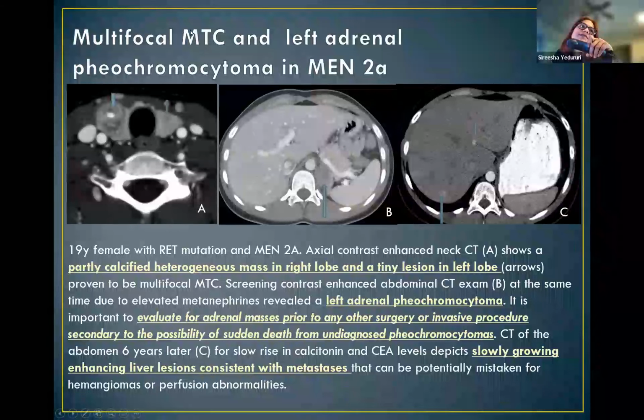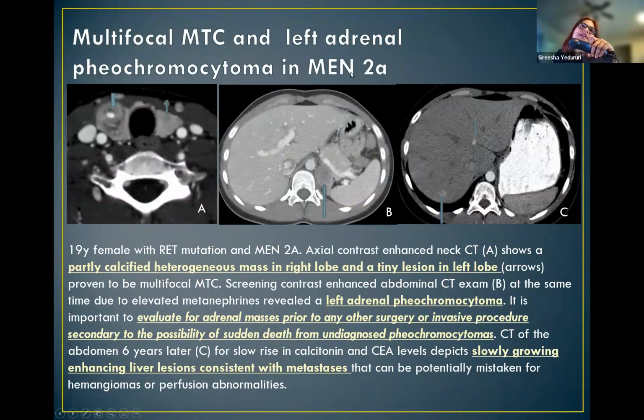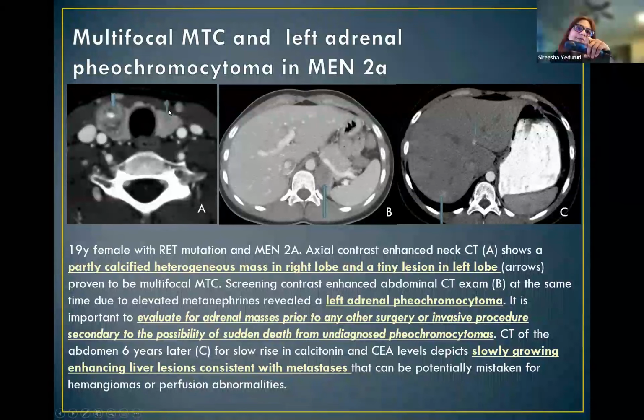So this is a patient with multifocal medullary thyroid carcinoma and a left adrenal pheochromocytoma. She is a 19-year-old patient with MEN type 2A. Here you see one large mass, which is partially calcified, and calcifications are a feature of MTC, and then a smaller lesion in the left thyroid gland.